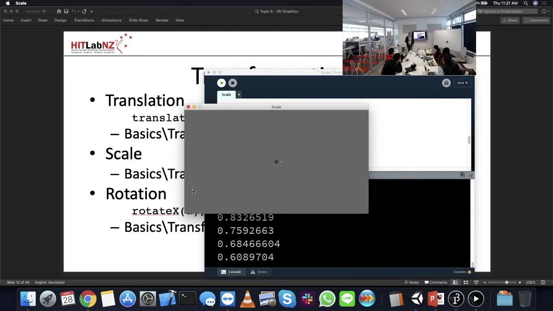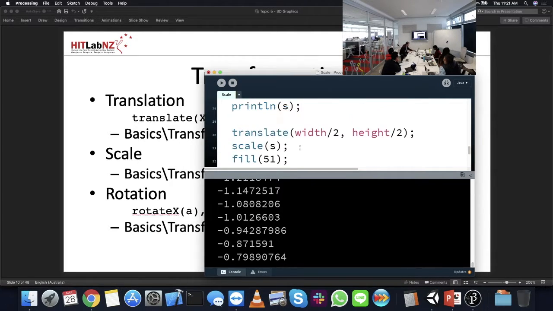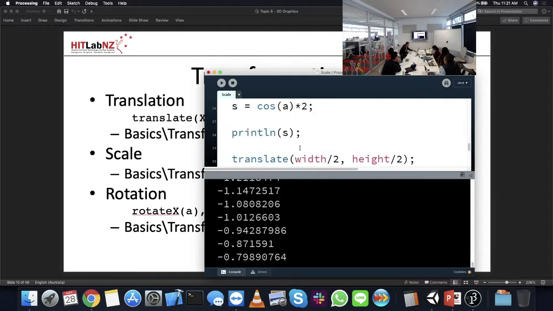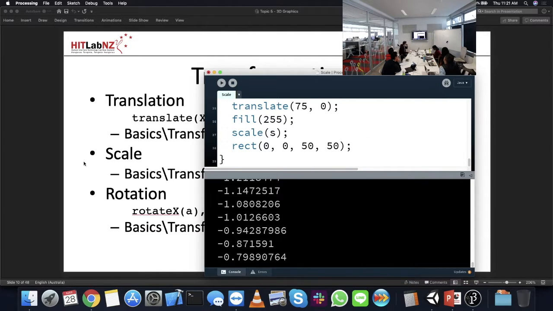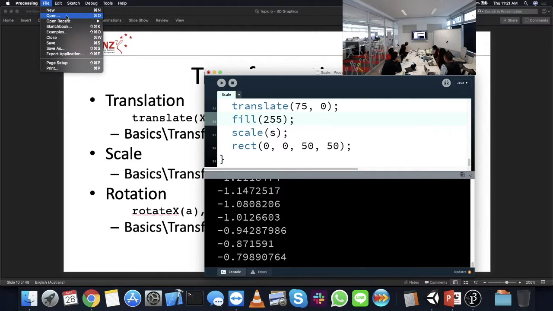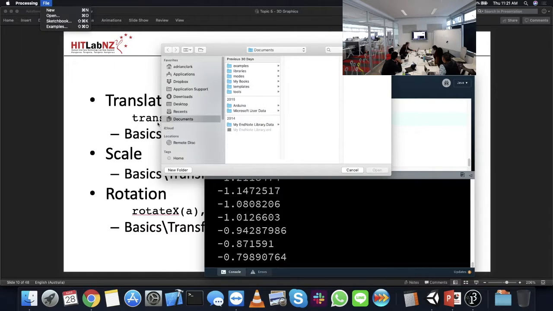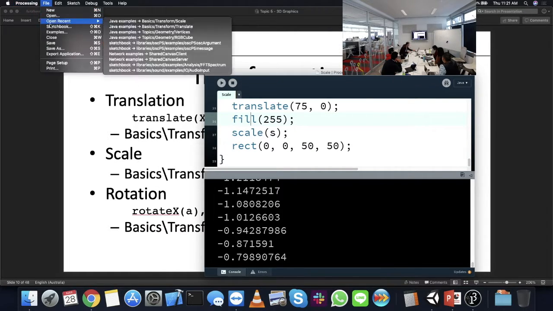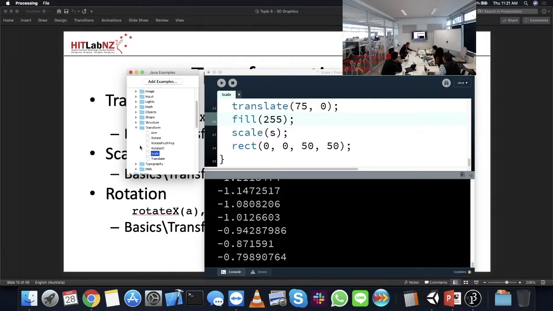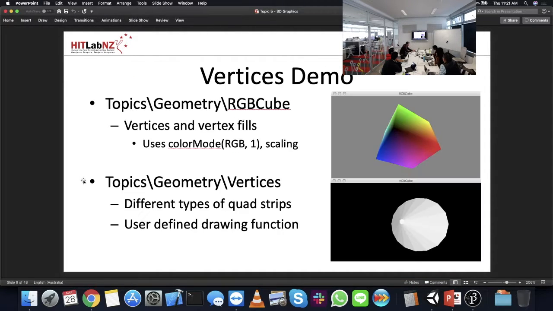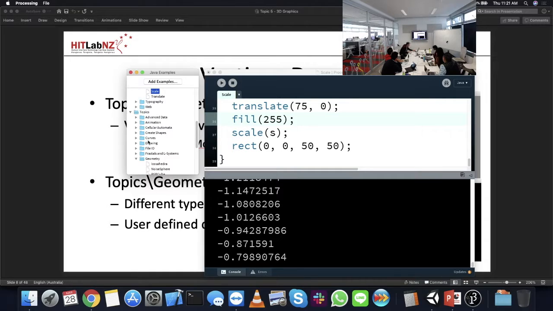And actually we can show that a bit clearer if we take that, oh no, because I've done a rect. I was going to say if we drew, actually we might be able to. Let me see if I can quickly do this. Open, no. File, examples. Where was that RGB Cube? Topics, geometry.